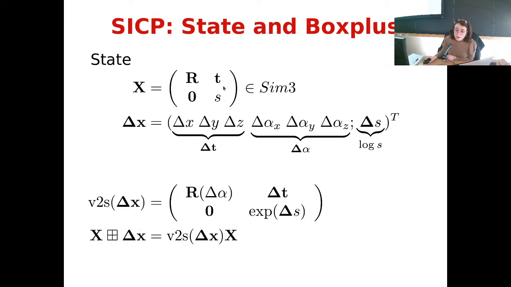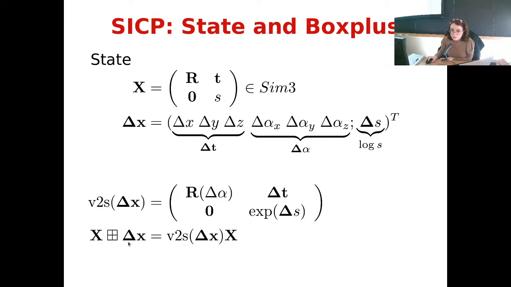So given that the identity for the scaling is 1, we need to find something which is 1 when delta s is equal to 0. And the function which maps a 1 to a 0 is a logarithm. To be even clearer, we want to define a perturbation in such a way that when we do x box plus a vector of 0, then we still have x.